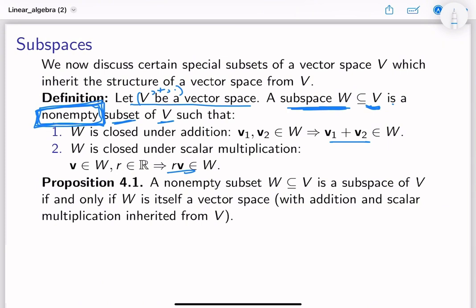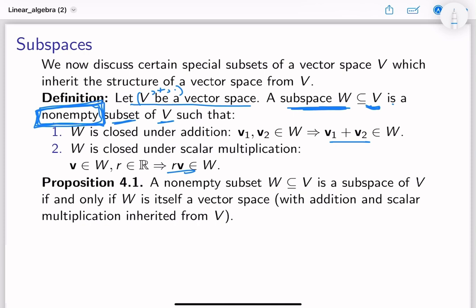If I give you a vector space and I tell you, look at this subset of that vector space and equip it with the two operations that the vector space has, tell me whether or not this subset is a vector space or is a subspace.